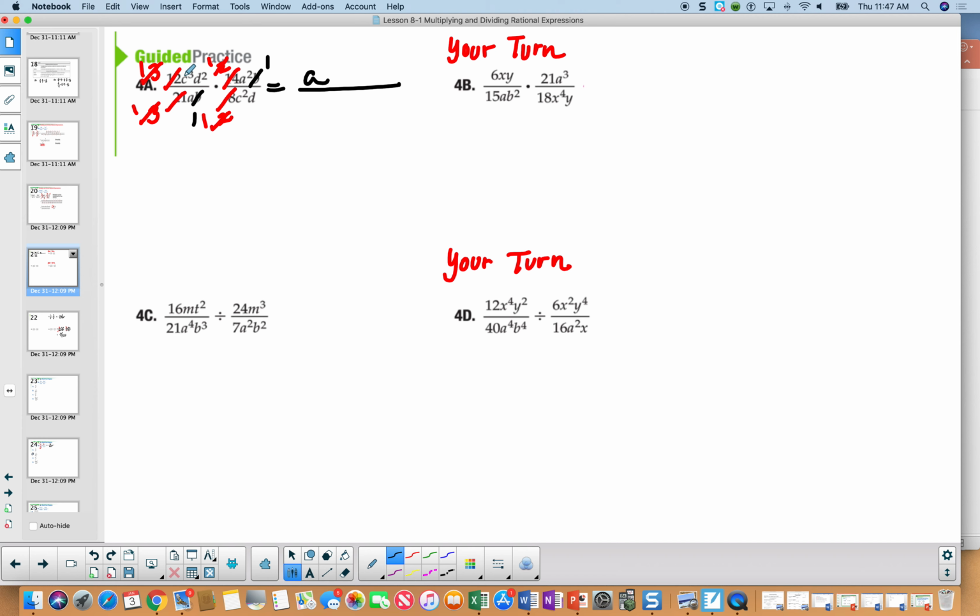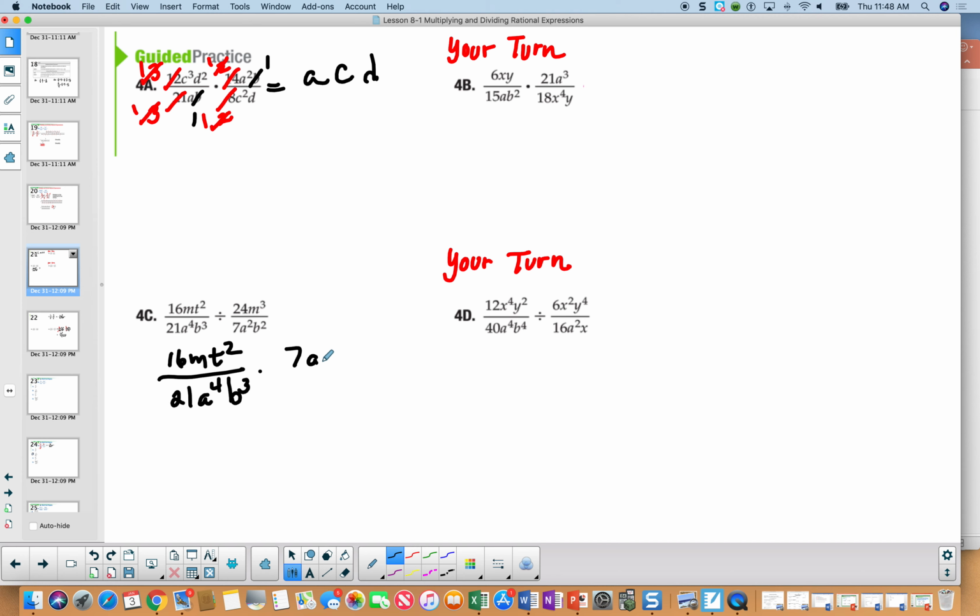As far as C's, I have 3 C's in the numerator and 2 C's here, so I know I'm going to have 1 C here. 2 D's in the numerator, 2 D's in the denominator, so that's D. And it looks like I don't need that division symbol here because this is A, C, D. That's my simplified form.